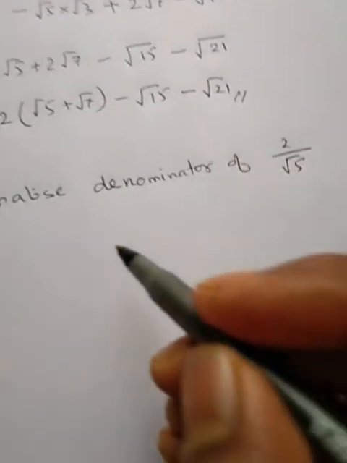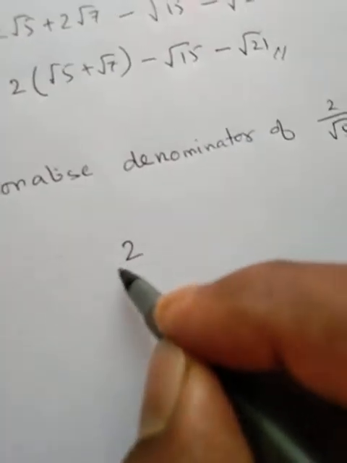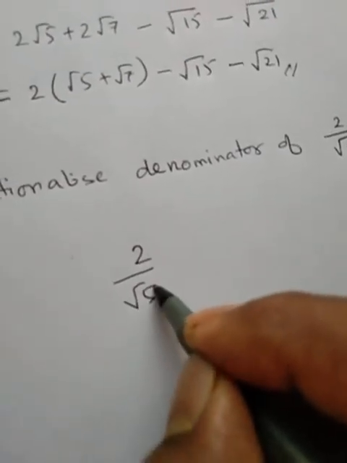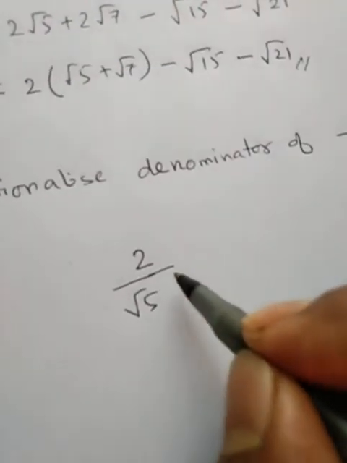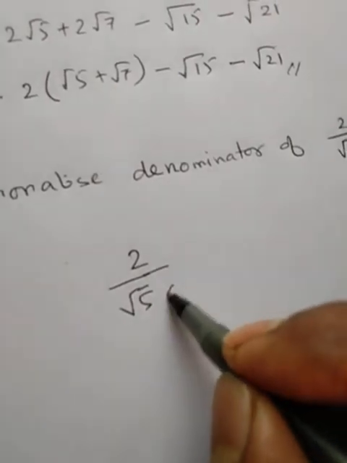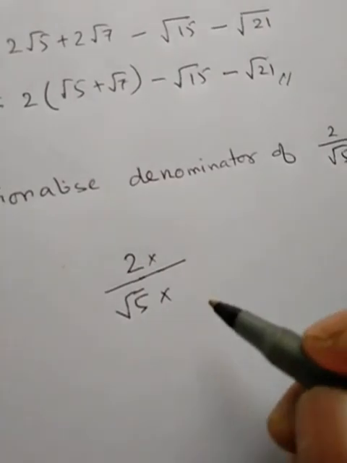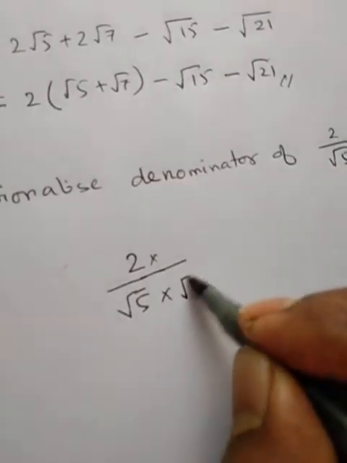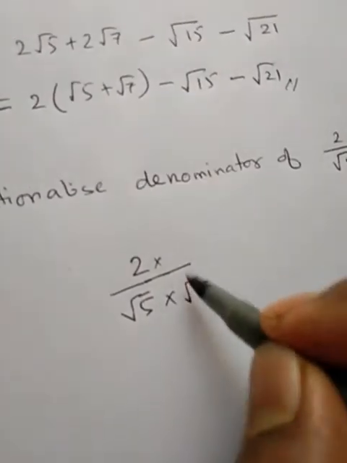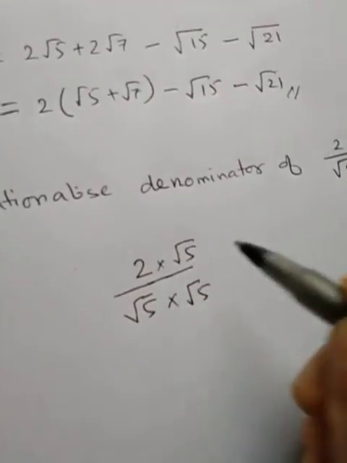So for this, we'll write 2 by root 5, and because it is a fraction, we can multiply something with both numerator and denominator, and here we will multiply root 5 with both numerator and denominator.